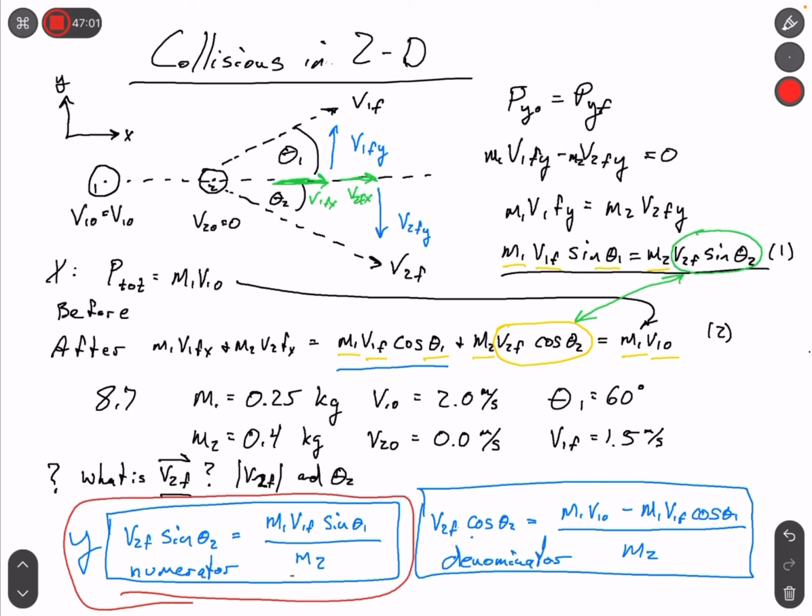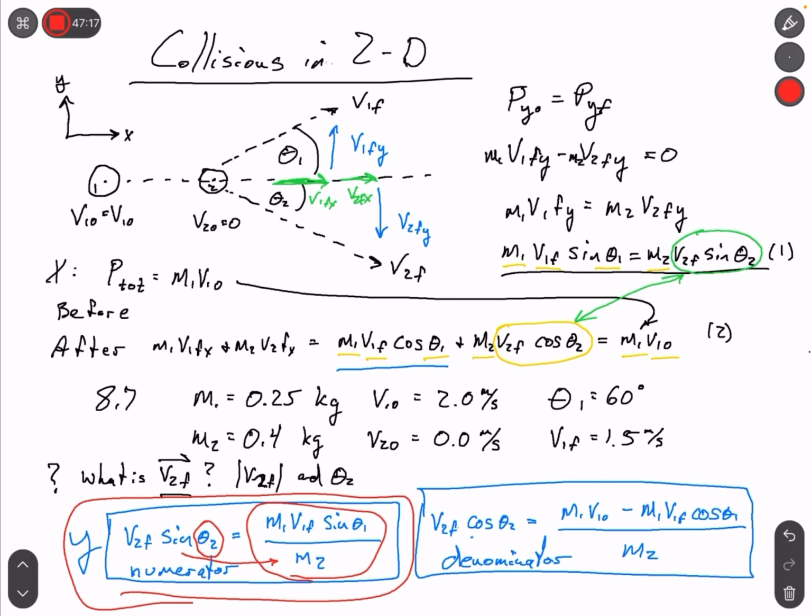We can plug in all of these numbers, or we could just send the sine of theta 2 down to the other side, and we'll have our V2 final.